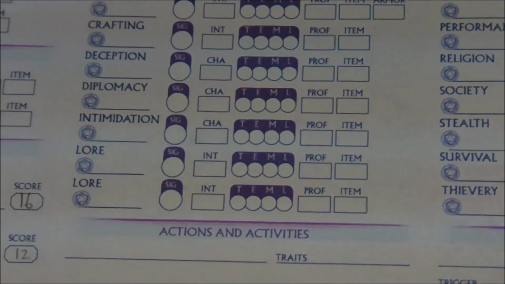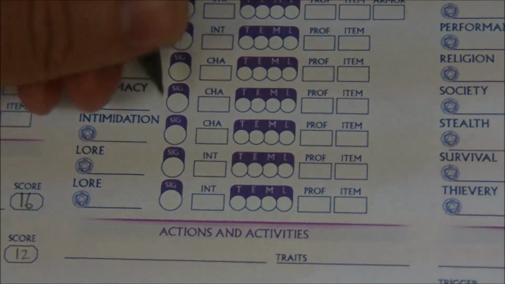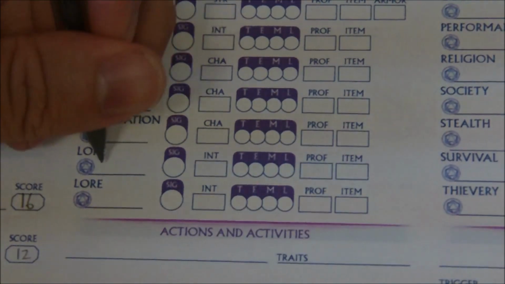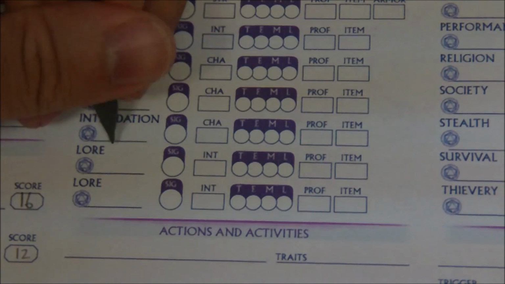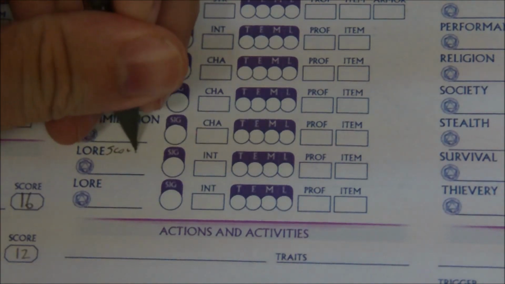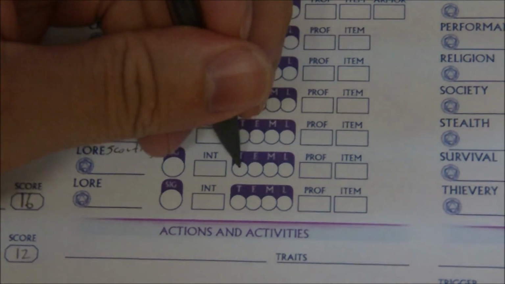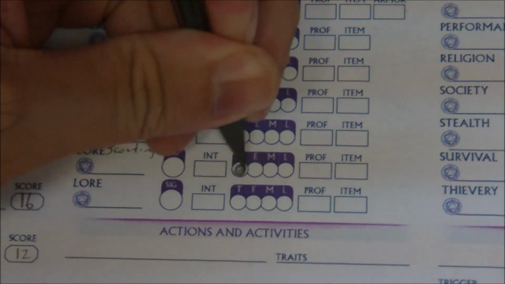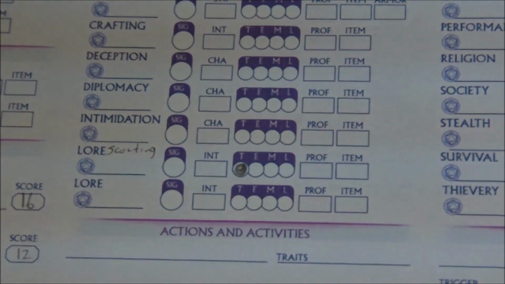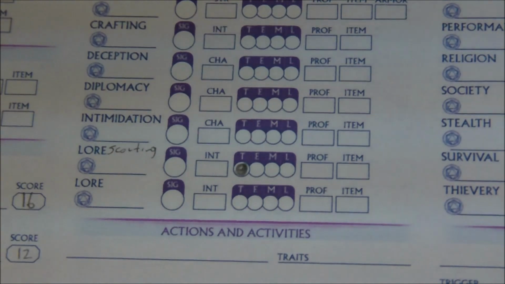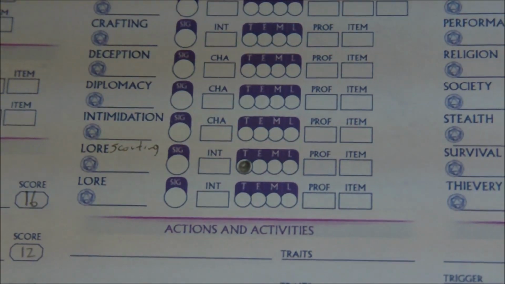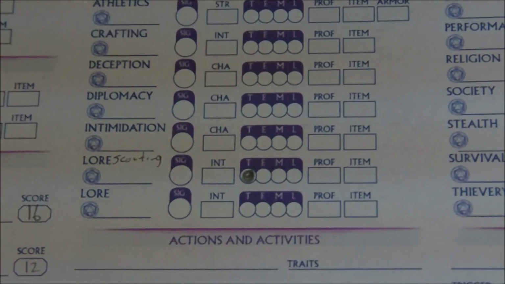Alright, let's just slide over to our skills here. So we are trained in the scouting lore feat. So I'm just going to put lore scouting. And we are considered to be trained in that. As far as the other things, so our signature skills, we should fill that in here as well, which was athletics, crafting, and oh, what was that last one?